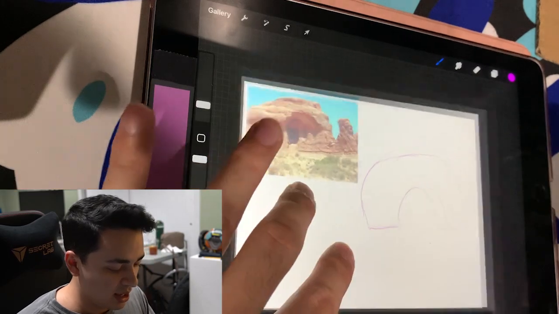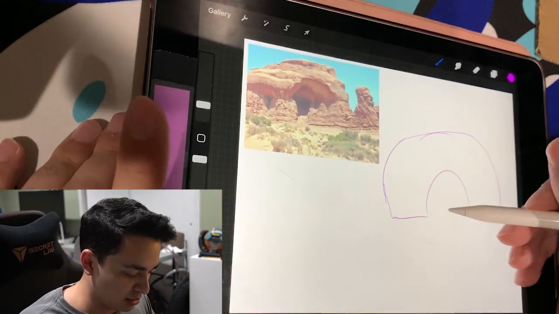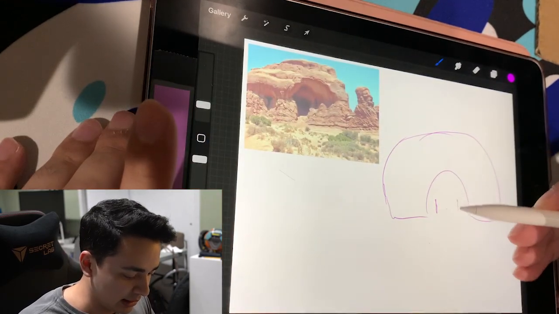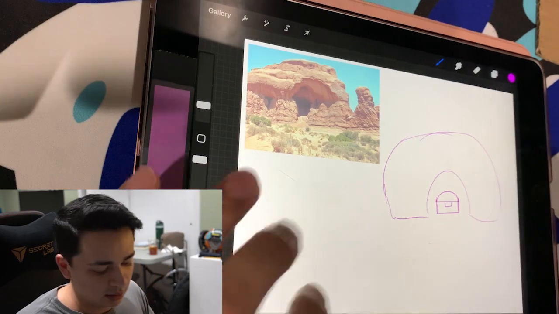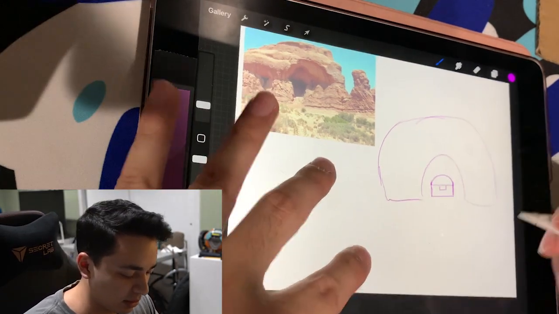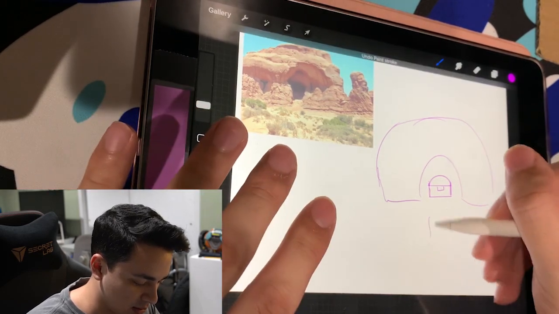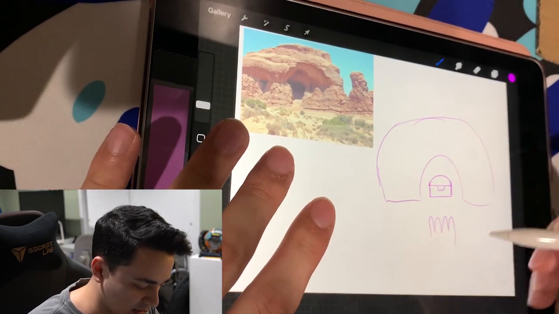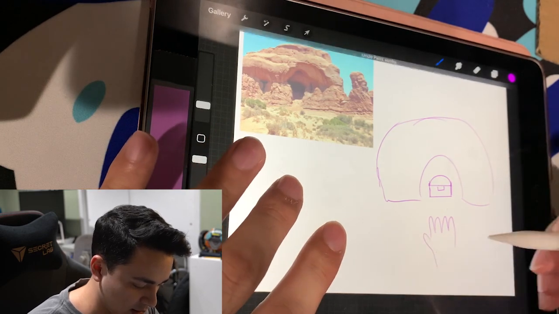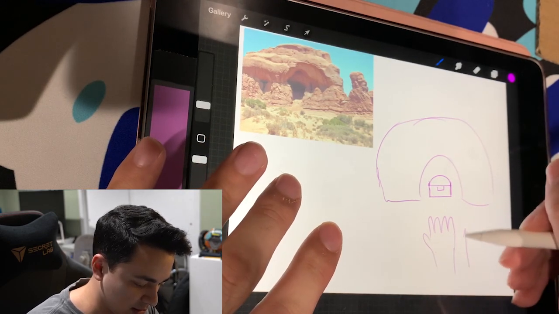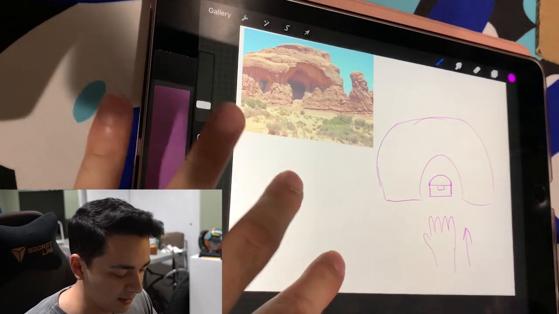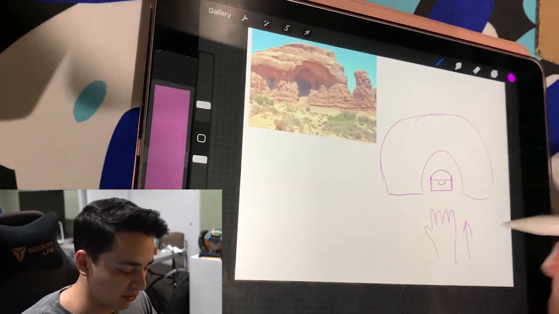Something like this, and then maybe there's a jewel or some treasure here. Let's say that's the treasure, right? And the plan is that when you put your hand through there, this is the front view of it, right?